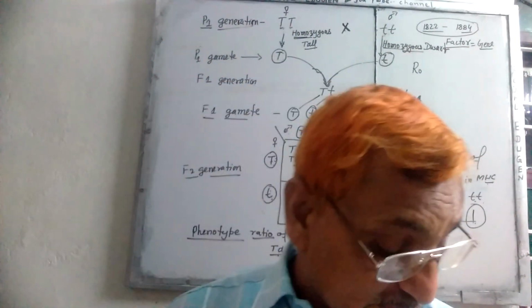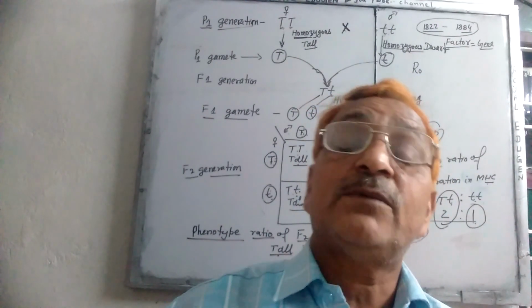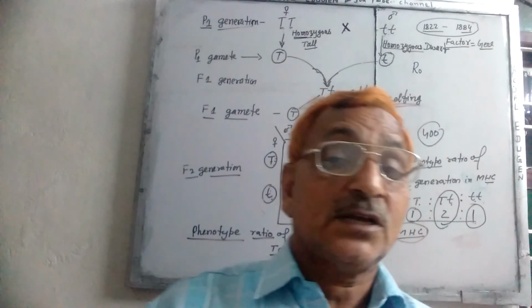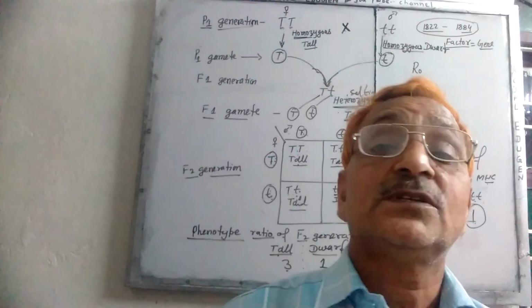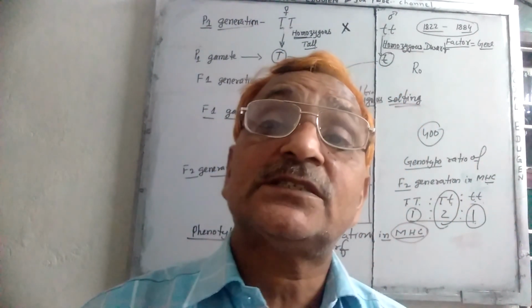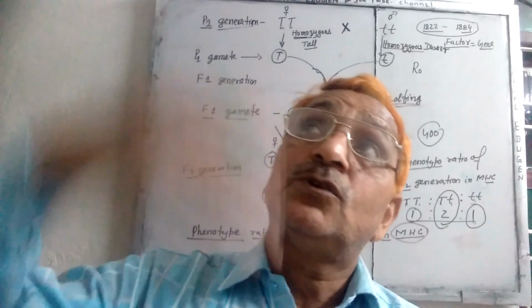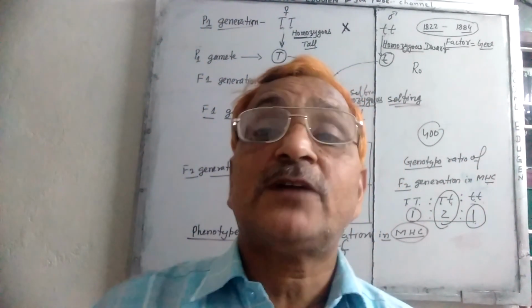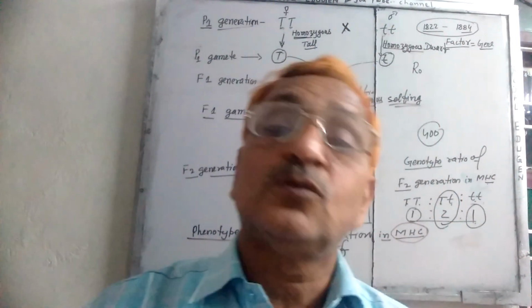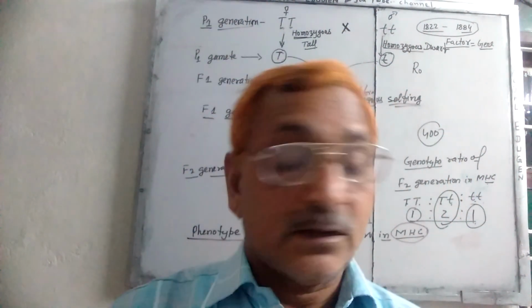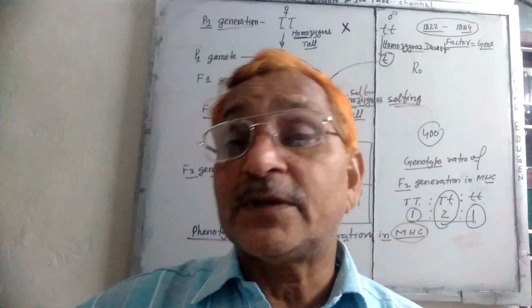Then we have a transportation system in plants. We have xylem and phloem. Xylem is composed of tracheids, vessels, xylem parenchyma and xylem fibers. These elements help the water to be transported from the lower part to the upper part of the plant, unidirectionally, from the root to the leaves, and the leaves prepare the food.